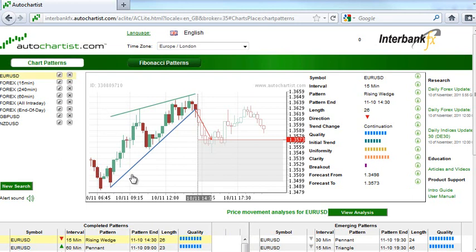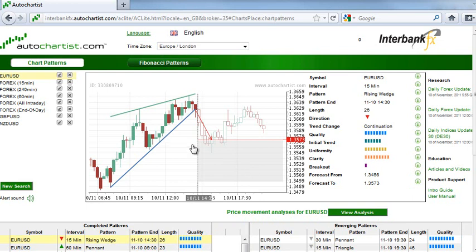What you notice is this opened up a new browser window from within the trading platform. I think this is Firefox that just popped up. From within this window, you can actually access the price movement analysis.